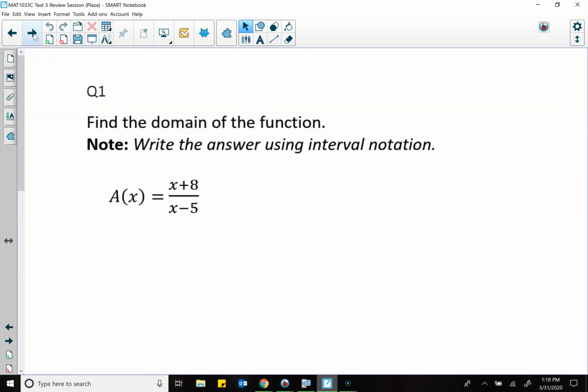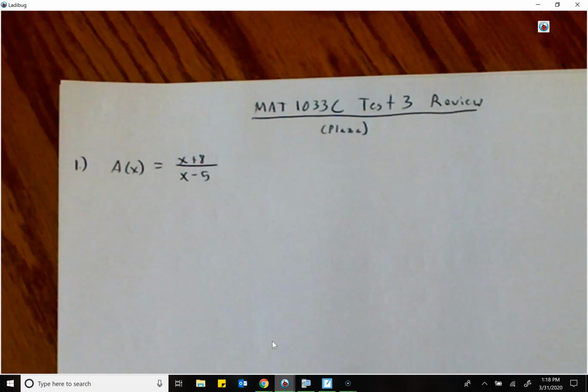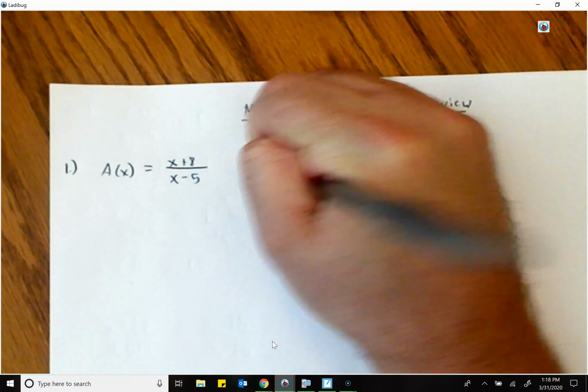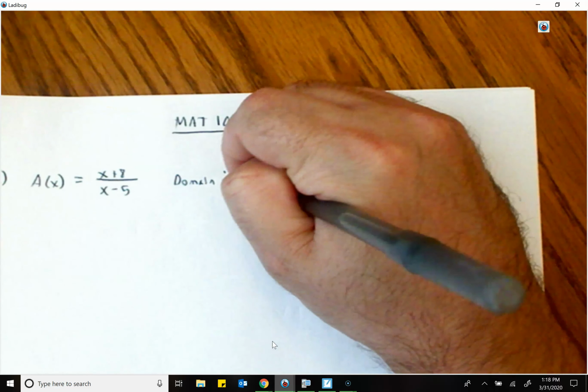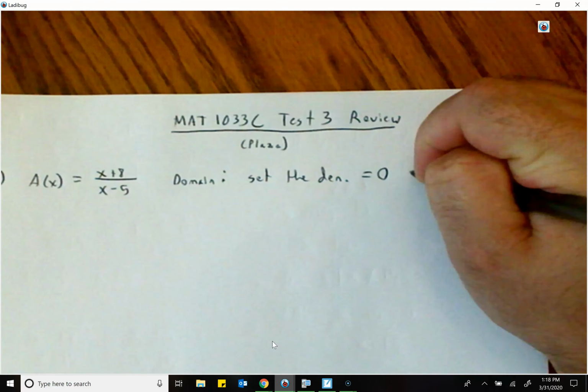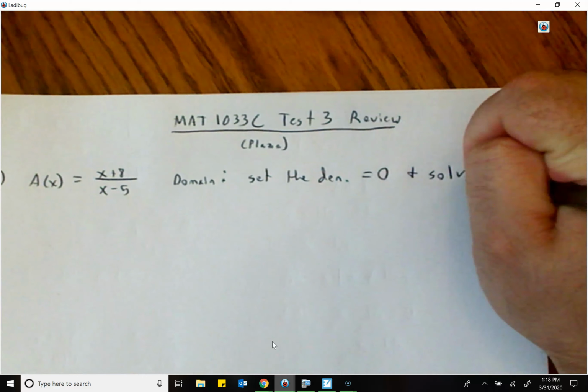So the first thing is we start off in 4.1, and they want you to find the domain of the function. So we got this function a of x equals x plus 8 all over x minus 5. So remember, in order to find the domain of this, all you have to do is set the denominator equal to 0 and solve.